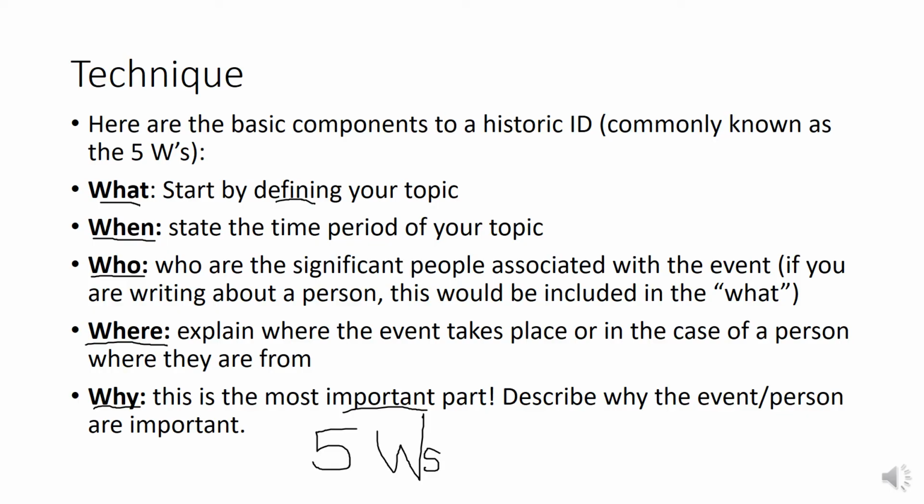This agency provided much needed assistance to freed people who were transitioning from slavery to a life of freedom, providing services such as education, housing, employment contracts, healthcare, etc. So you want to make sure that when you are writing an ID, you are checking off all 5 of these aspects of it.